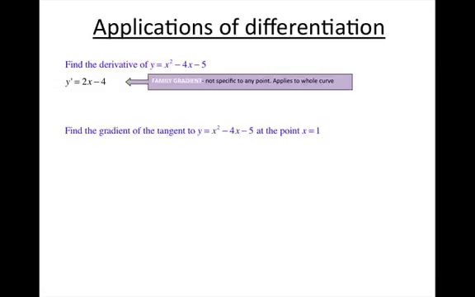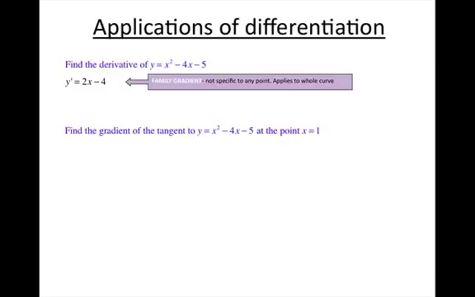With another question like this, if I add on find the gradient of the tangent, remember derivative and gradient of the tangent are the exact same thing. If someone says what is the derivative, they're asking what is the gradient of the tangent. So find the gradient of the tangent to y equals x squared minus 4x minus 5, same curve as above, at the point x equals 1.